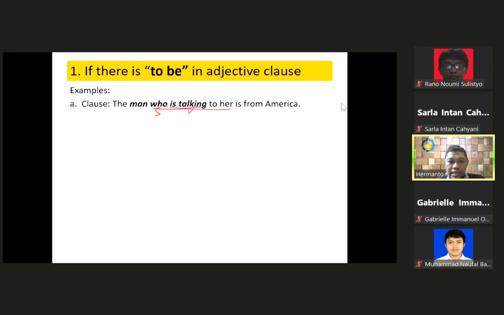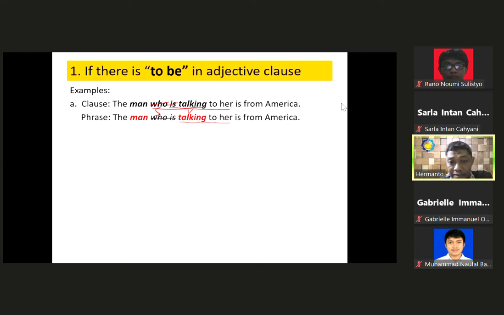Okay. So here in the adjective clause, there is to be. What you do is only delete to be and the subject pronoun. And what you get is: the man talking to her is from Mary. So you deleted who is. This is an adjective phrase, sorry everybody.